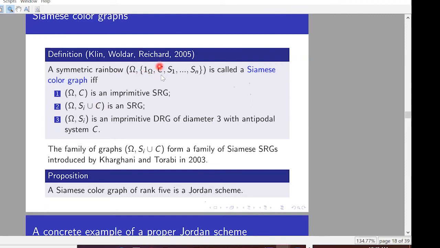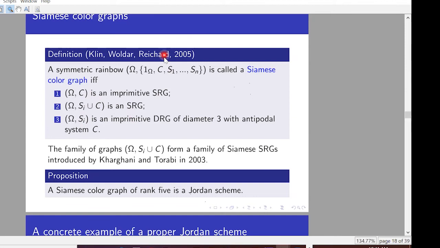You also have one chosen color and some number of standard colors, such that the chosen color is a primitive strongly regular graph, that means it's a disjoint union of complete graphs. Now, if you take your standard color and union with this strongly regular graph, you get a strongly regular graph, and every standard color gives you a primitive distance regular graph of diameter 3, which is antipodal with the antipodal system C.